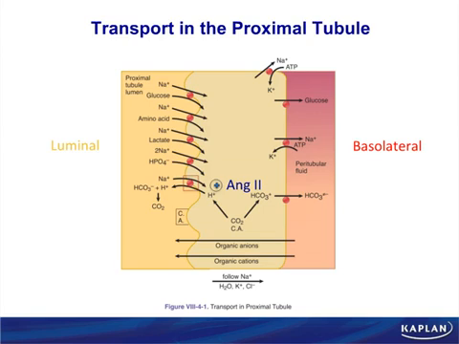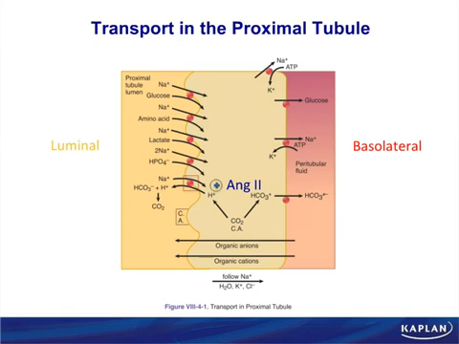But it also leads to an increase in secretion of protons. And for every proton you secrete, you reabsorb a new bicarbonate molecule. So this leads to an increase in reabsorption of bicarbonate as well. So this transporter is activated by angiotensin II. And this is how bicarbonate is reabsorbed.